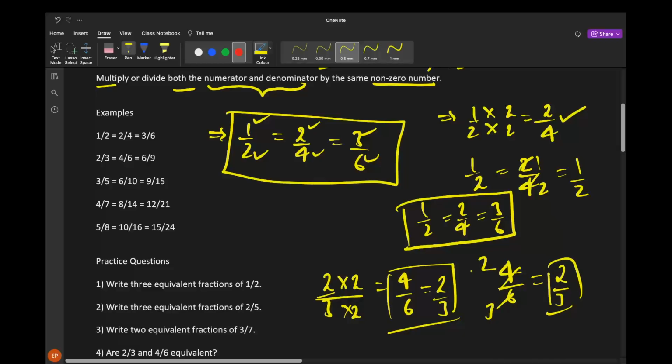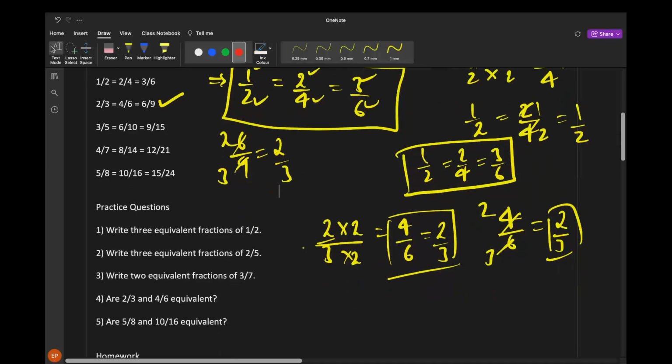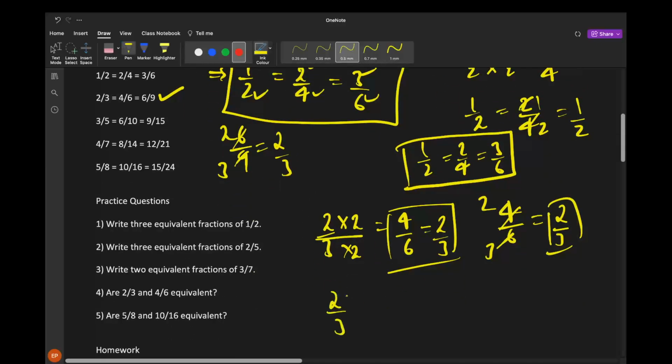So 2 by 3 equals 4 by 6, which is also equal to 6 by 9. 3 twos are 6, 3 threes are 9, which gives 2 by 3. Basically for 2 by 3, we are multiplying both numerator and denominator by 3. That's why we are getting 6 by 9. So these are called equivalent fractions. Even though they are different in numerator and denominator, still they are equal.